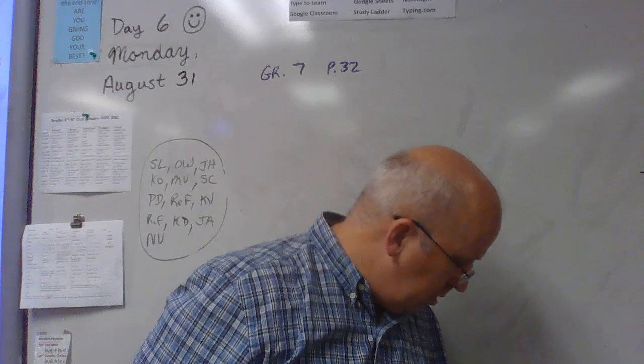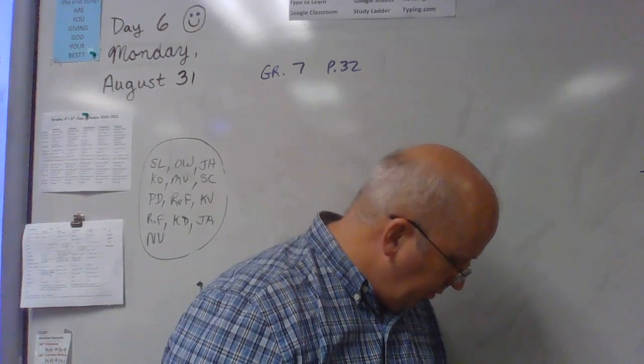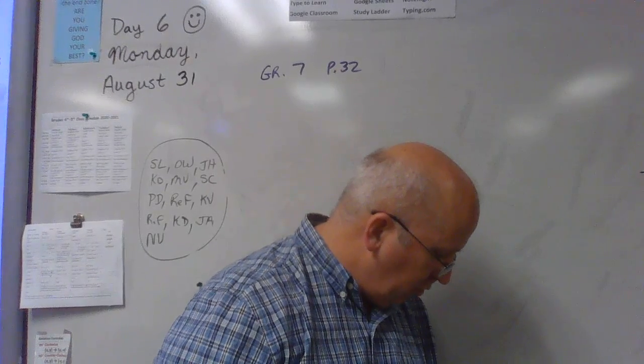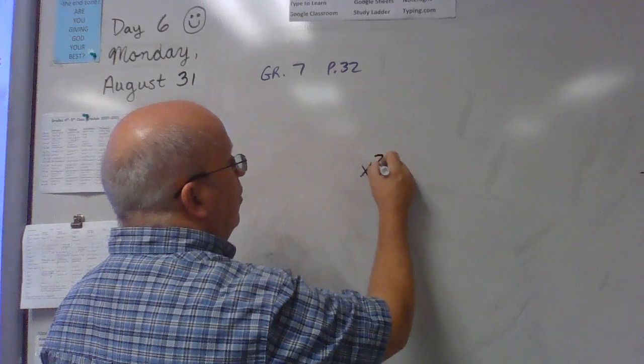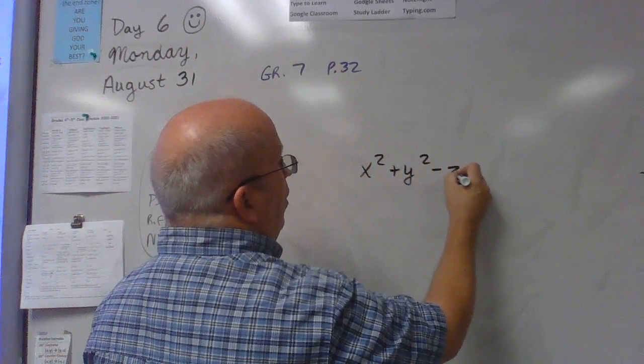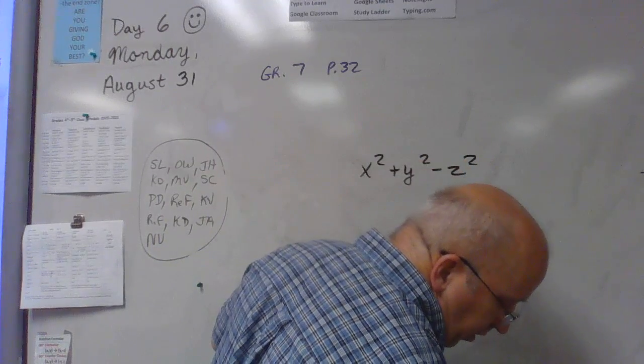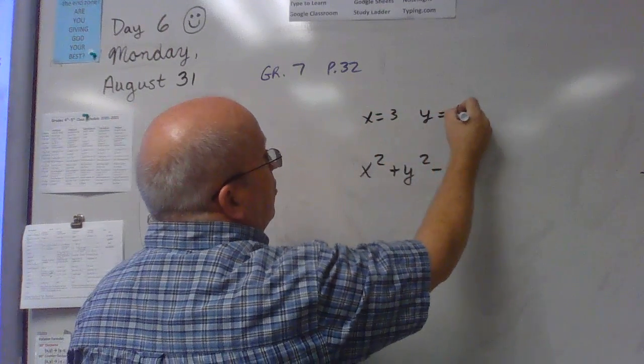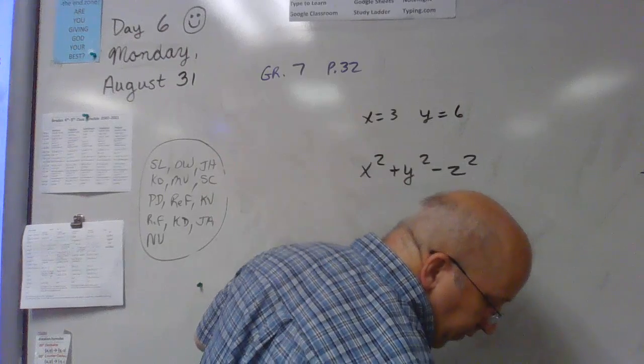How about problem 5? Find the value of x squared plus y squared minus z squared. Find the value of this if x is 3, y is 6, and z is 2.